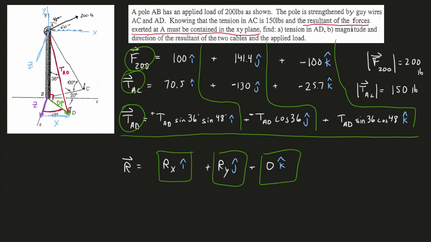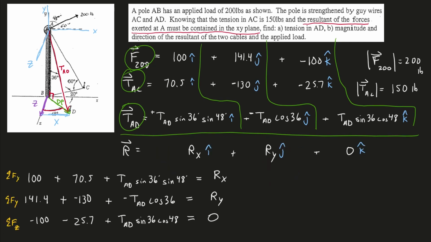So let's just write the math out for this. And as you can see, we have only three unknowns in this system of three equations. We have TAD, Rx, and Ry. So we have three unknowns and three equations, which means we have enough information to solve for these three unknowns.